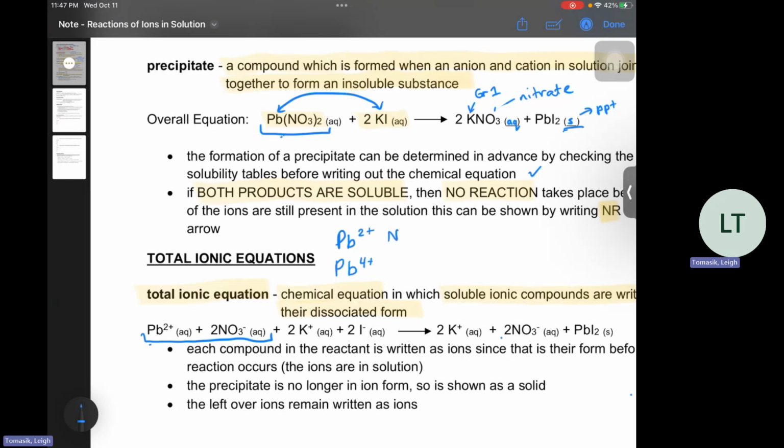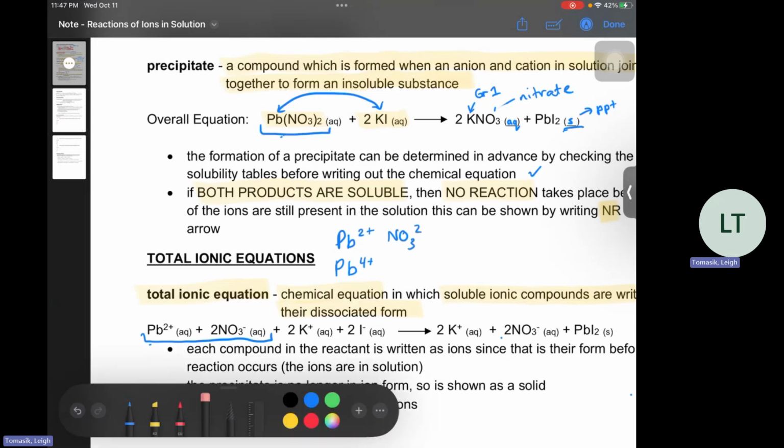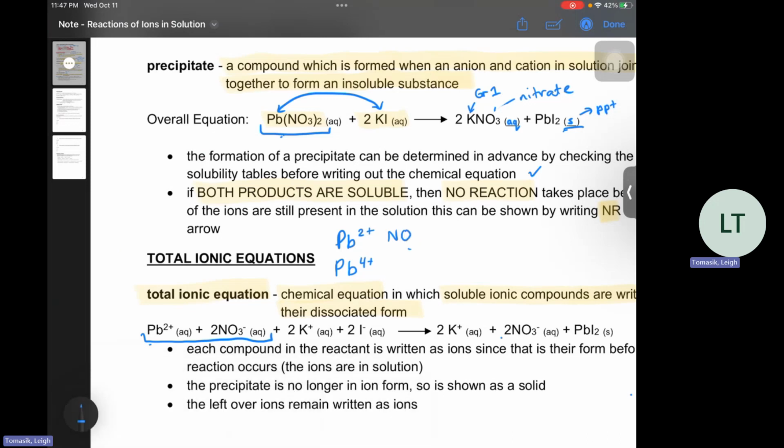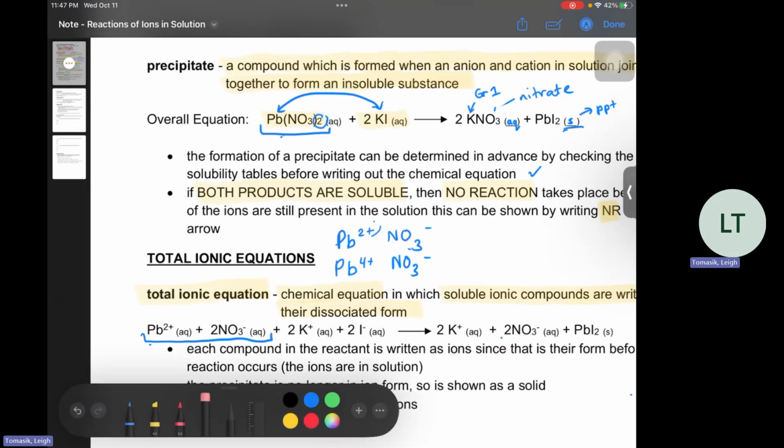Let's see which one makes the right chemical formula. Oh, sorry, NO3 is 1 minus. Which one makes the right chemical formula? Right? The 2 plus would make the right chemical formula because the 2 is going to go and become the nitrate coefficient, just like we have here. Right? So this is Pb2 plus.